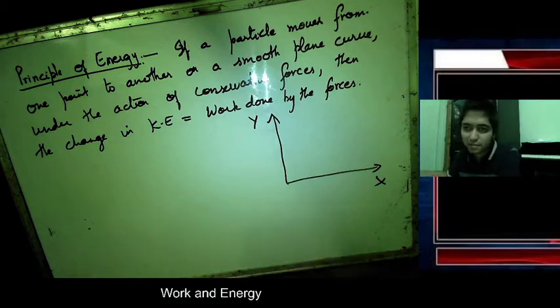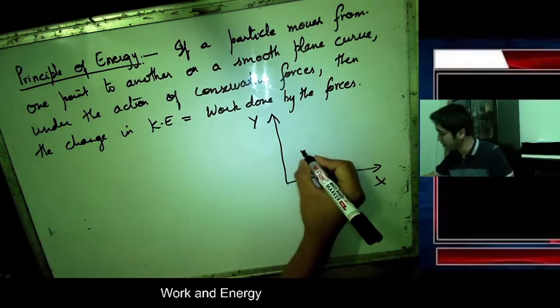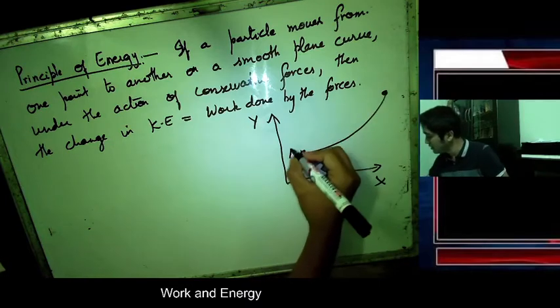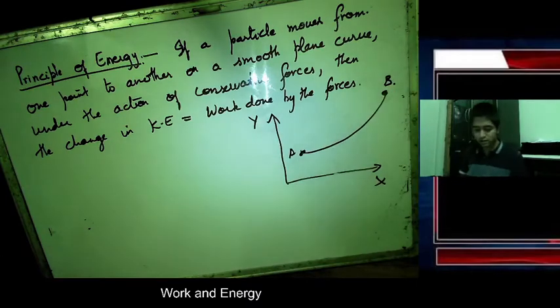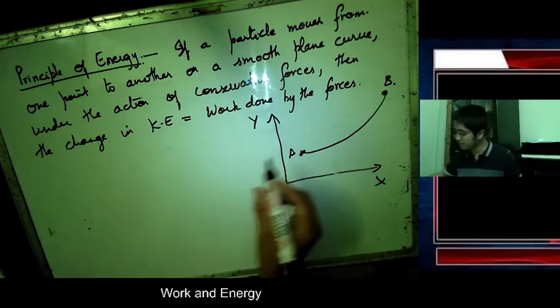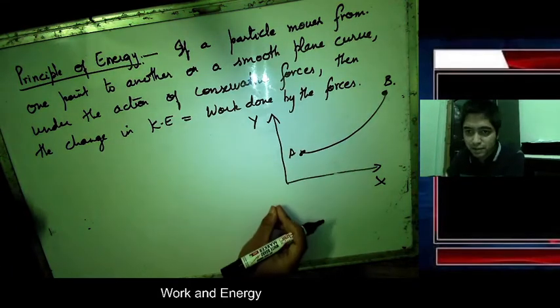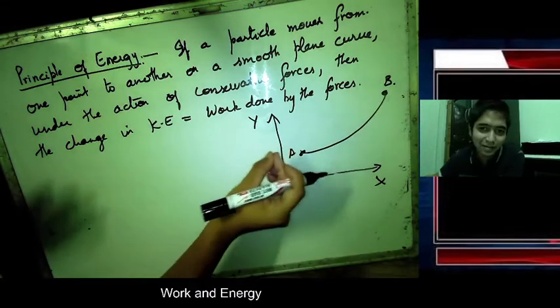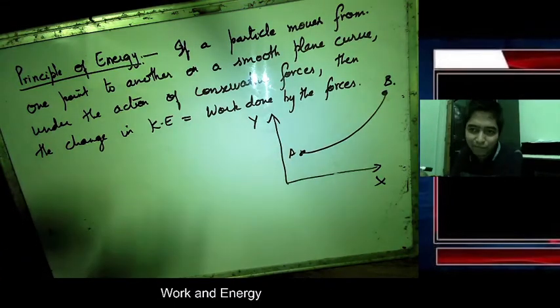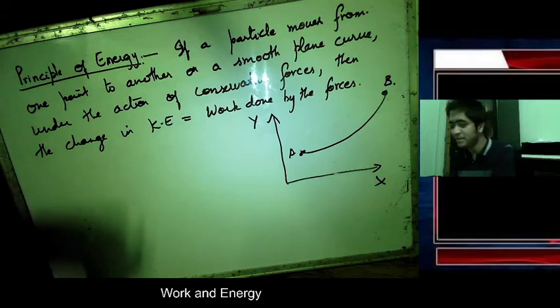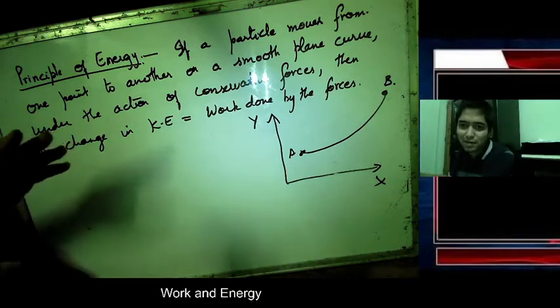These forces are making the particle move from maybe one point A to another point B. If you remember, we had done that forces can be combined into one single force, or sometimes they may even form a couple. So we will take that the forces can be combined.